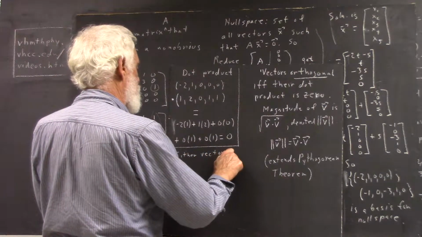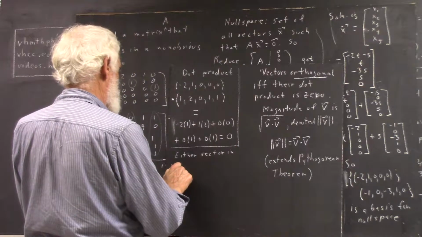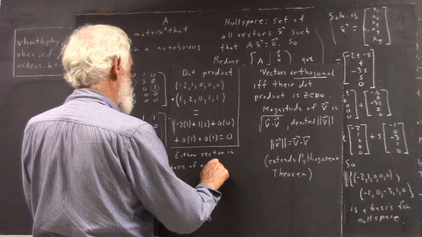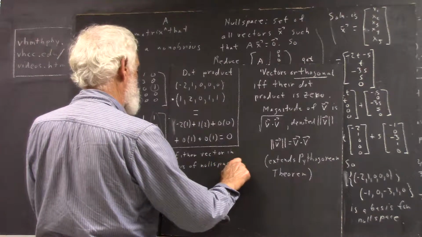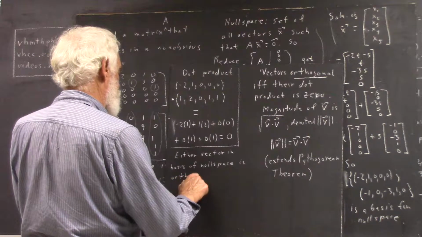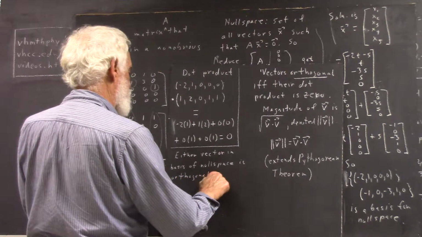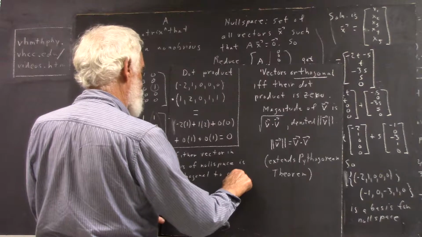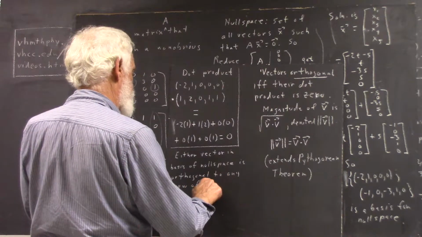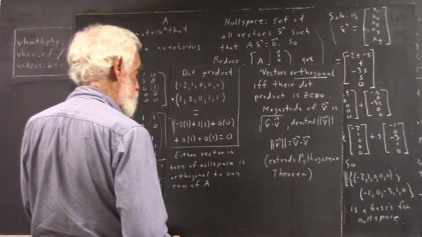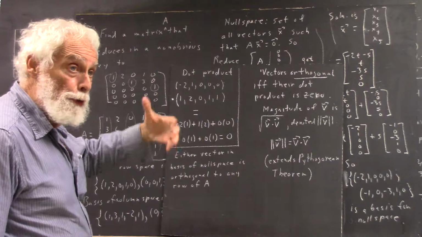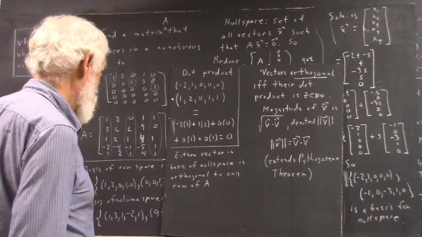Either vector in the basis of the null space is orthogonal to any row of the A, and as far as that goes, to any row you get in reducing A using the valid row operations.